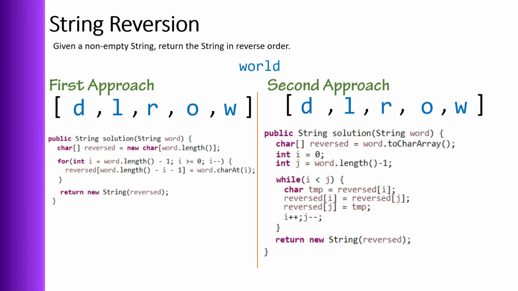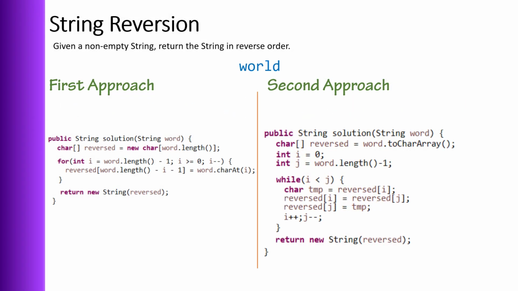So for the first approach, we would start, of course, by initializing the array. We initialize it with the length of the word, which is 5 in this case, and then initialize i with word.length minus 1.